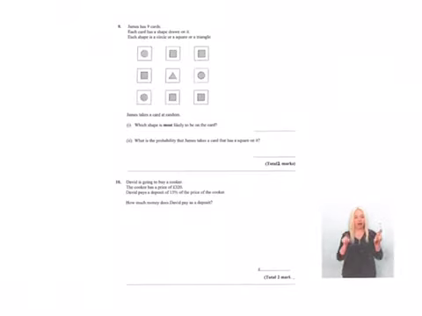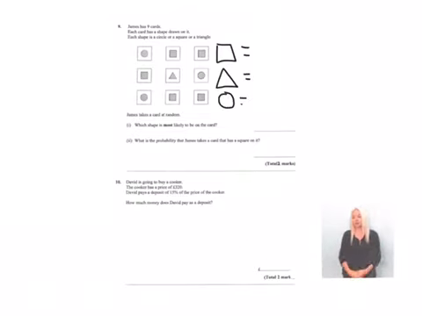So with this question, we have got some cards, and it's all about probability. So the key topic here is probability. So we've got squares, we've got triangles, and we've got circles. The number of squares we've got is 1, 2, 3, 4, 5. Some people miscounted that. The number of triangles is 1, and the number of circles is 3.